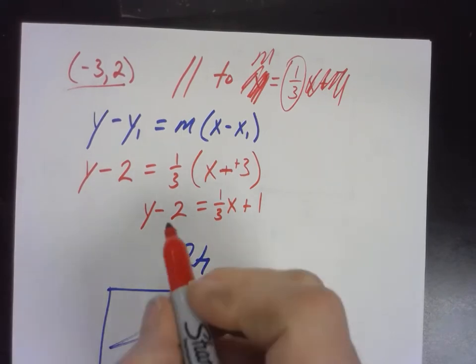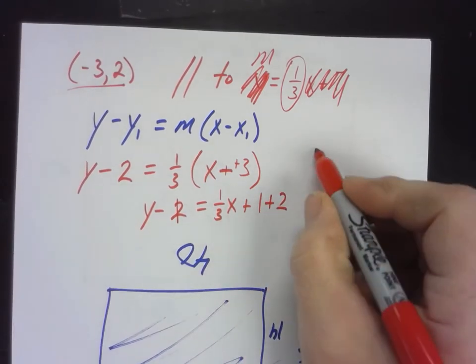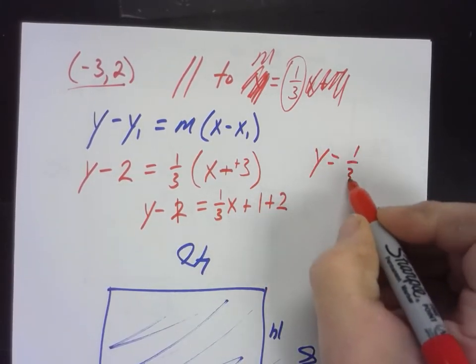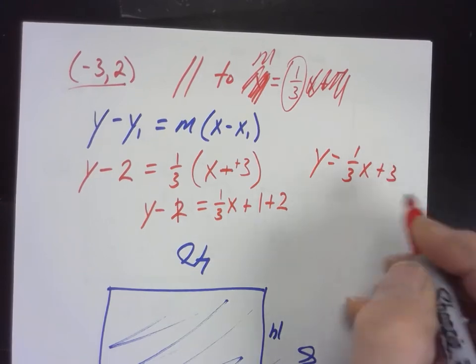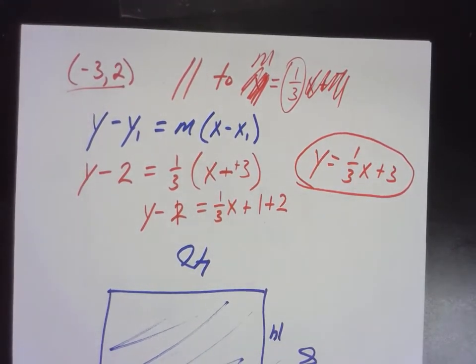We do have a constant we need to move over, so we're just going to move that constant over. And y equals 1/3 x plus 3. And there we have it. Okay? How'd you do? Good? Yeah? Now, what if we change things up a little bit?